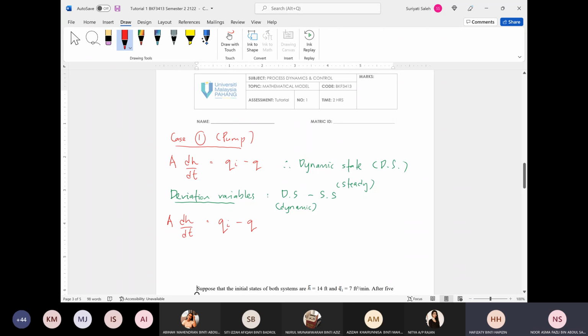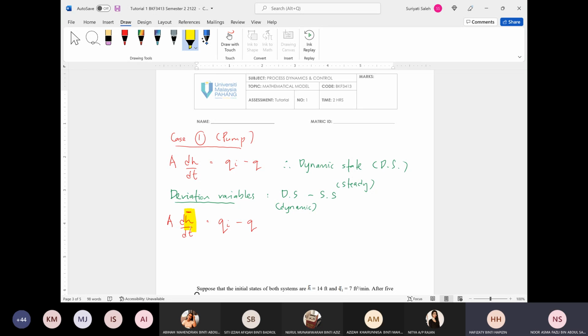For example, in this case, we know that the level is going to change. And here we have H bar. So H bar in this case represents the steady state. What is meant by steady state?